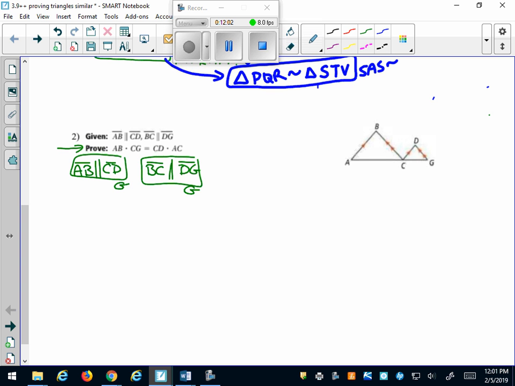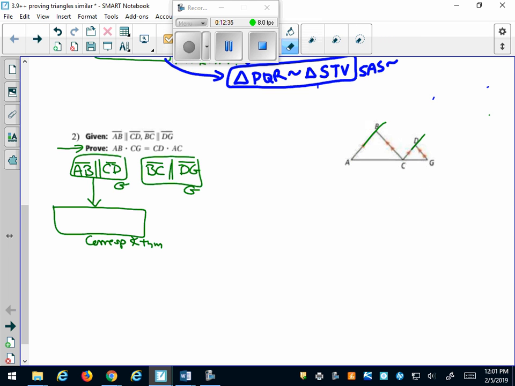AA similarity, exactly. What kind of angle pairs do you see here related to those parallel lines? Corresponding angles, yep, good. Since AB is parallel to CD, which angles are congruent by corresponding angles theorem? Based on those two parallel lines, which two angles would be congruent?